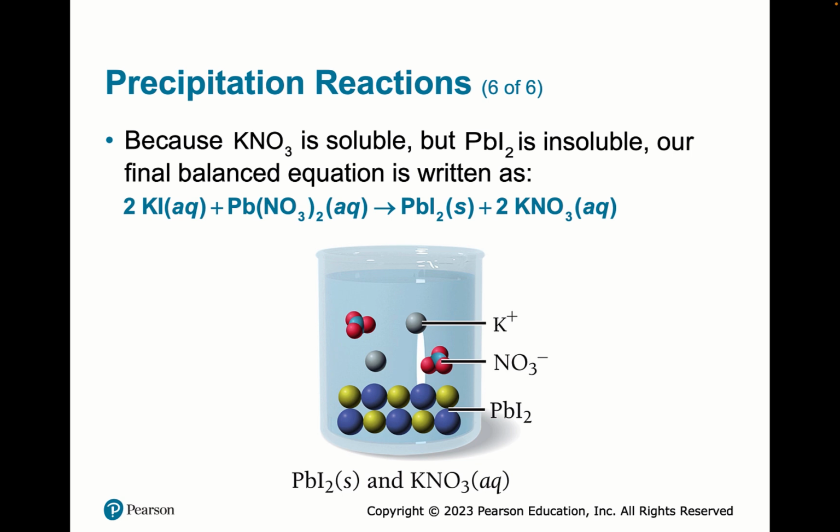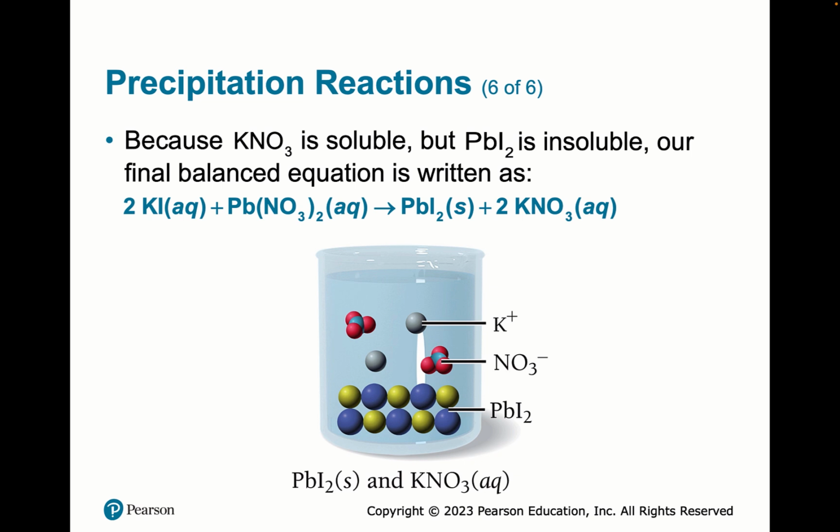Sometimes you form compounds that float on the surface of the water. Those are known as supernatants, but precipitates go down, and ionic compounds, generally speaking, tend to sink. So you'll hear precipitation reaction used much more frequently. And notice the states in the equation.